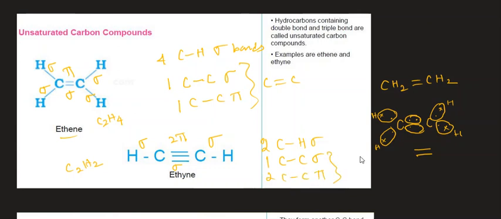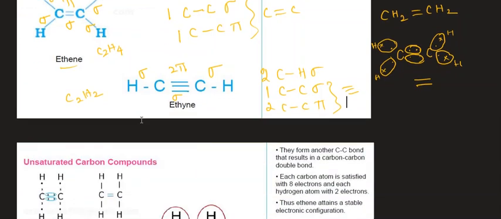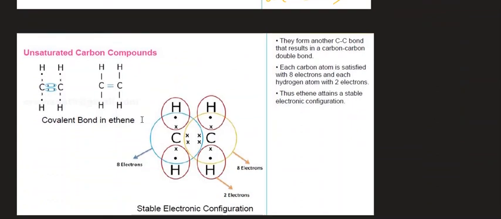So they together form a triple bond. Do you understand? So here, as I already mentioned, in the case of ethene, we have a C-C double bond. Are you able to understand this?